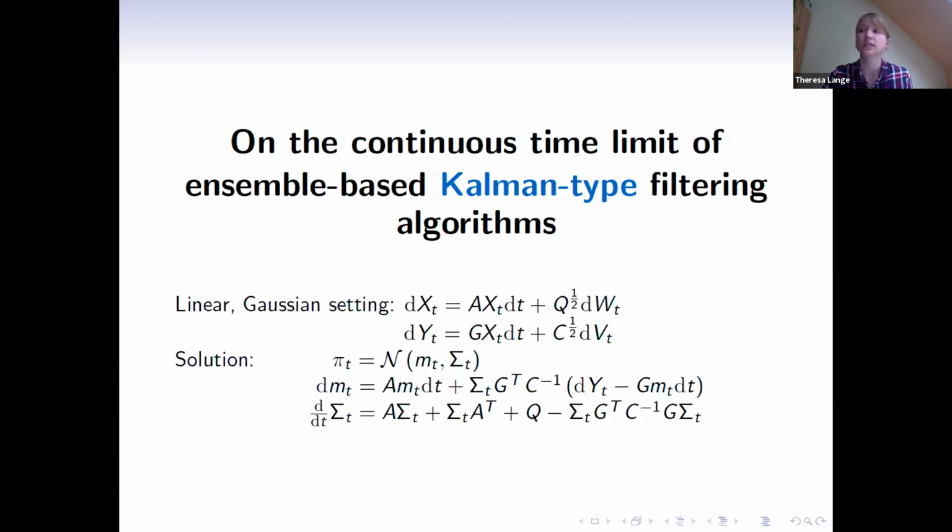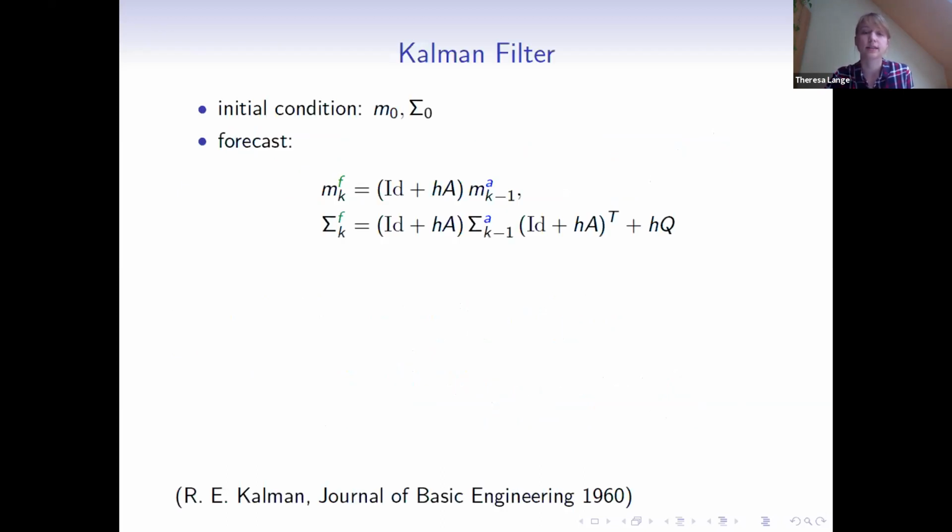So in discrete time, the evolution equations for both M and sigma are given by the well-known Kalman filter. The Kalman filter is an iterative scheme that propagates estimates in time based on whether we have an observation or not. So it's also called a sequential scheme or sequential algorithm because it only considers observations one at a time. In case we do not have an observation at hand, the Kalman filter takes an estimate from a previous estimation cycle, and in a so-called forecast step, it applies the modeling equations to form a so-called prediction or forecast.